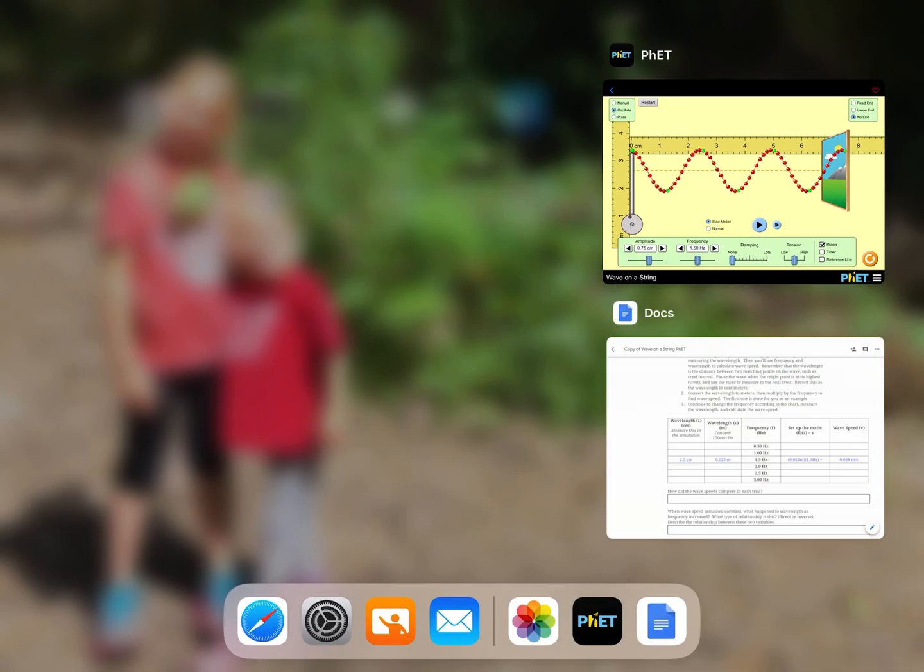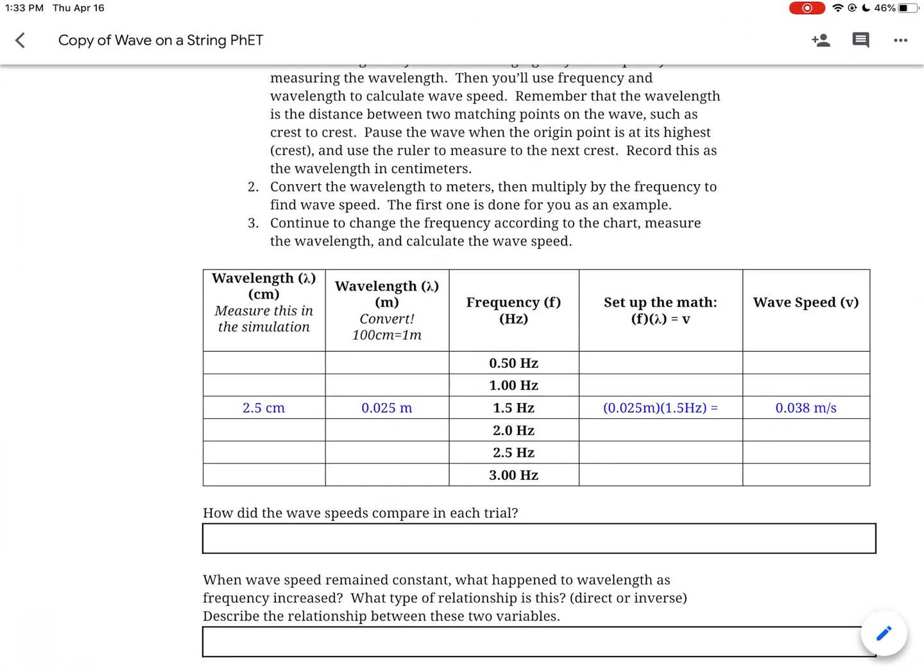So I'd go back here and enter that. When I made this first example, I measured 2.5, so that's what I have here, 2.5 centimeters. Convert that to meters, so that's 0.025 meters. Then if I want to figure out the wave speed, I need to multiply the frequency by the wavelength.